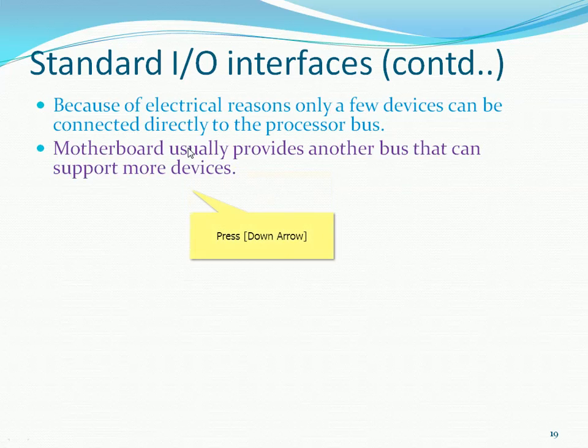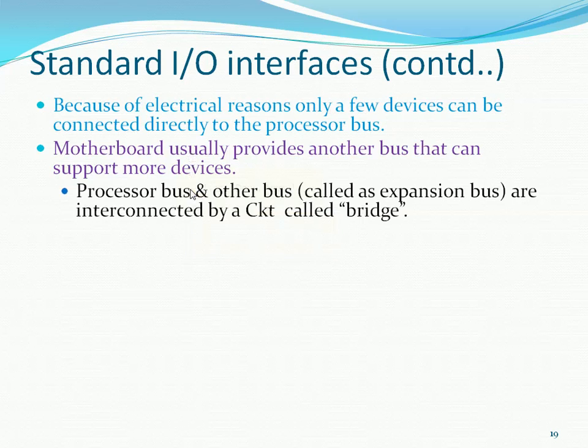So the motherboard usually provides another bus that can support more devices. There is a main bus, the system bus, which is high speed with different characteristics, so its sustainability is less because of the electrical restrictions. So an alternative bus is generated, called the expansion bus.